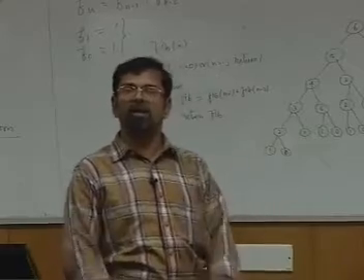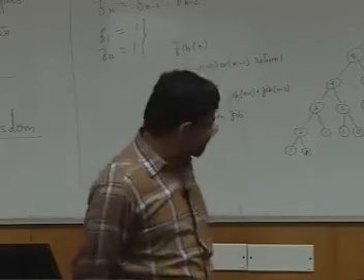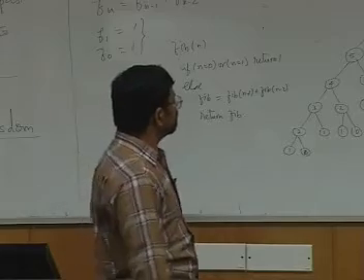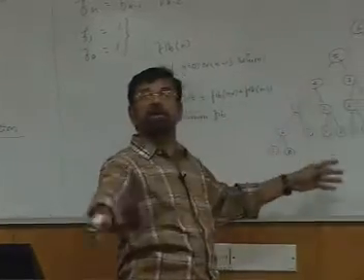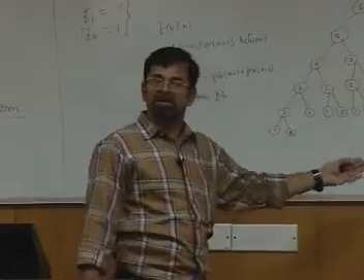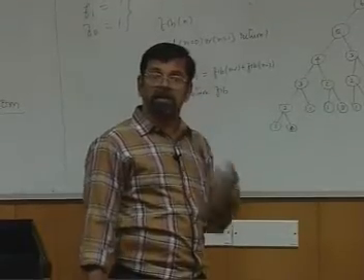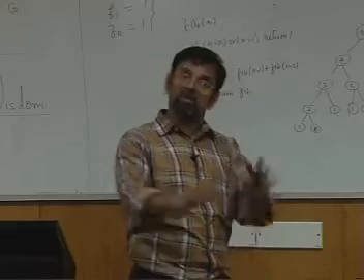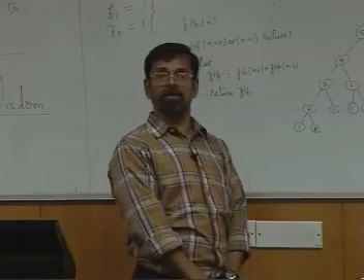Because of this, what happens? The tree is exponentially large. How many recursive calls are going to be made? The number of recursive calls is also a Fibonacci number, right?